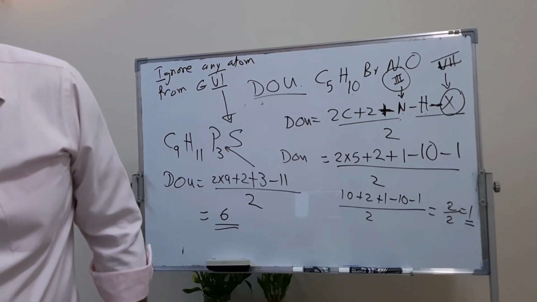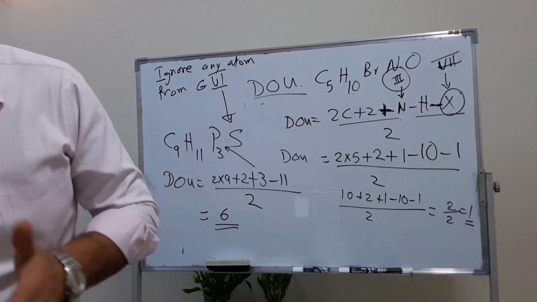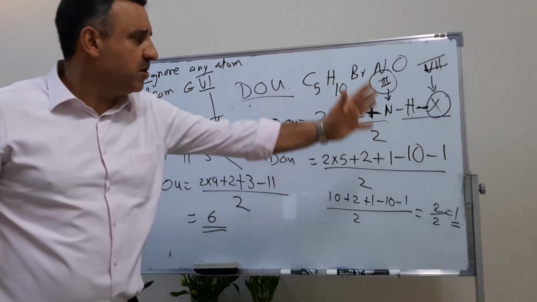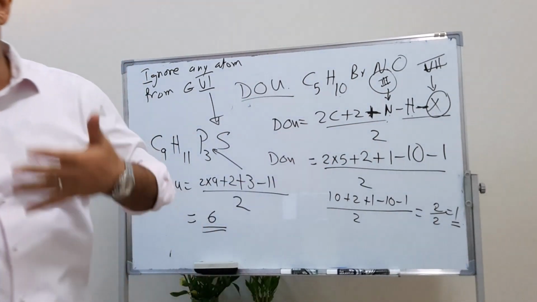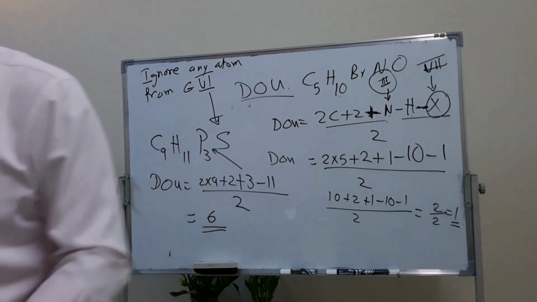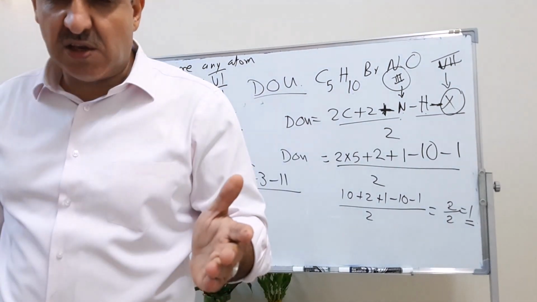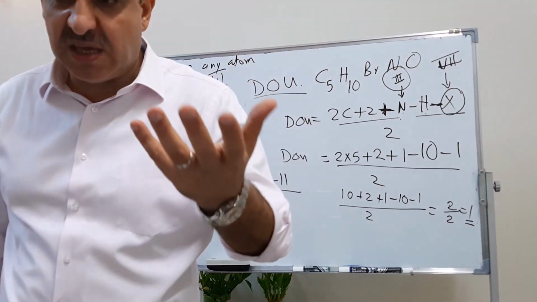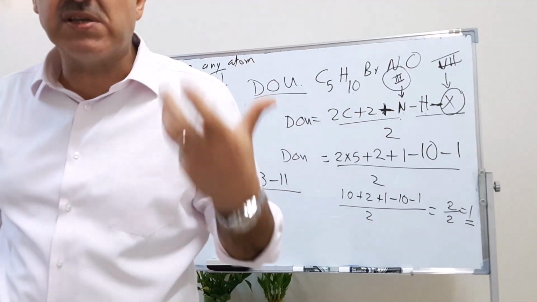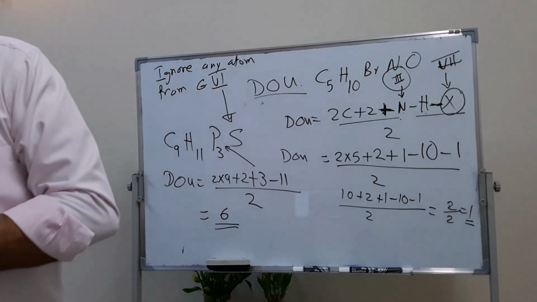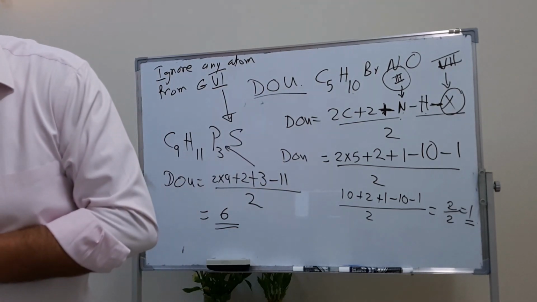Now, you should not ever hesitate to calculate the degree of unsaturation of any compound, because here you have a generalized formula to take this into consideration. The most important thing, as soon as you calculate the degree of unsaturation, is to guess what possible isomeric structure can fulfill this degree of unsaturation.